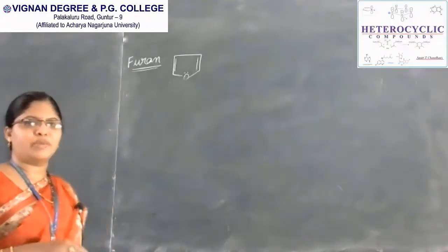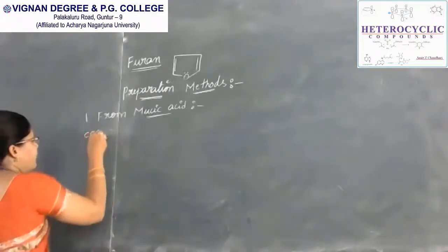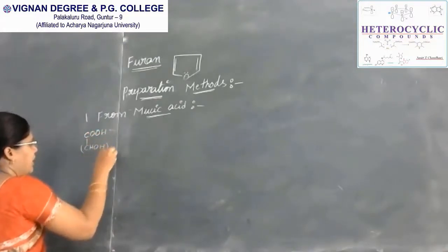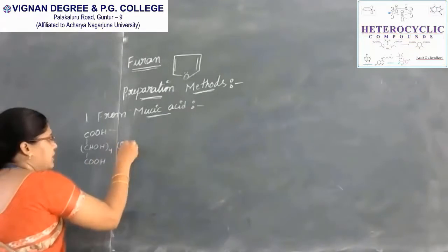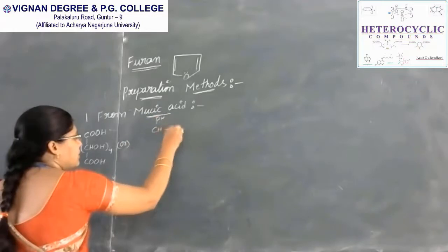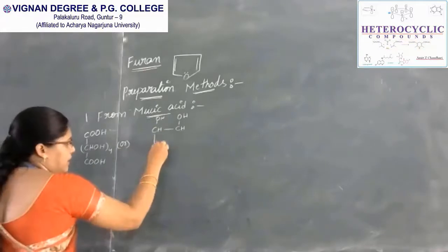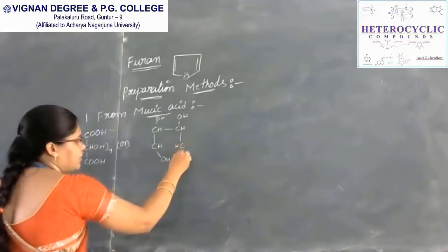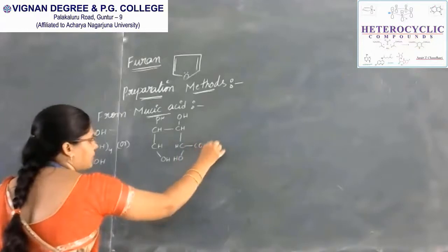And next, preparation methods of furan. First, from mucic acid: COOH, CHOH, CHOH, CHOH, CHOH, COOH.